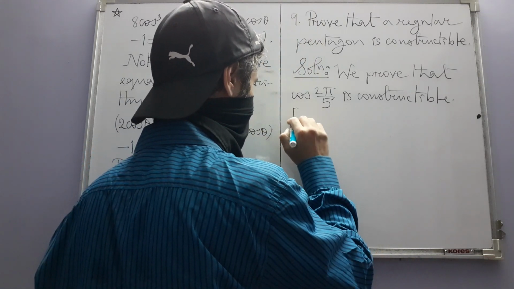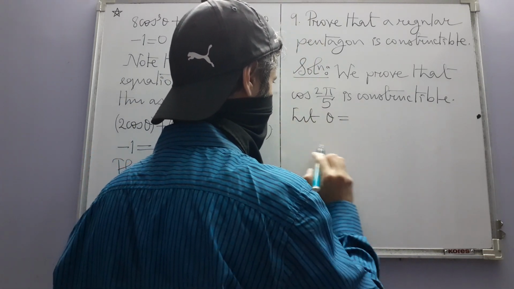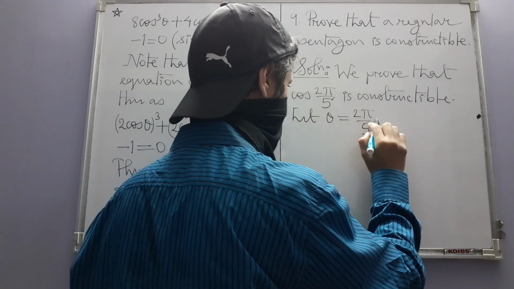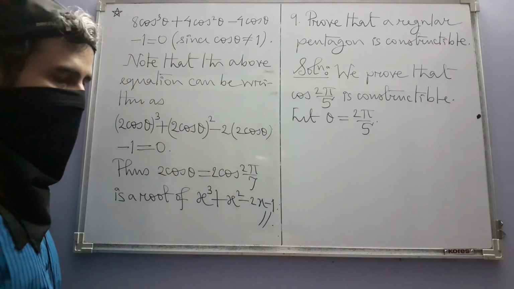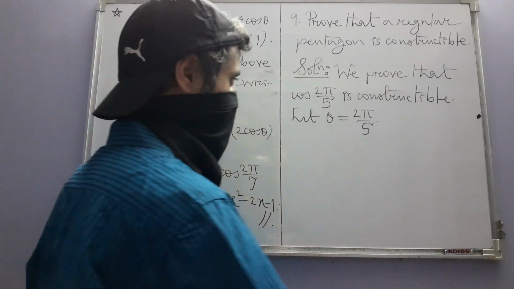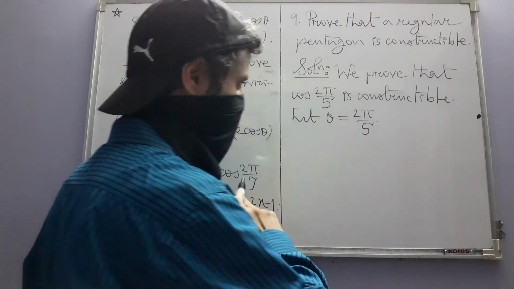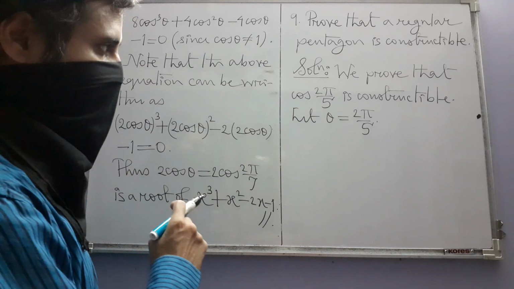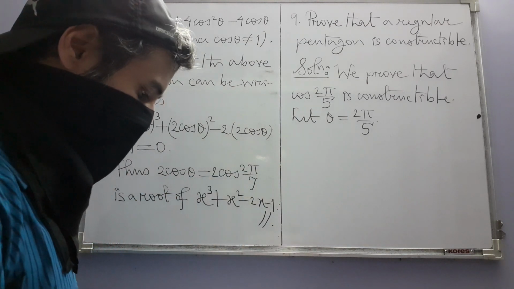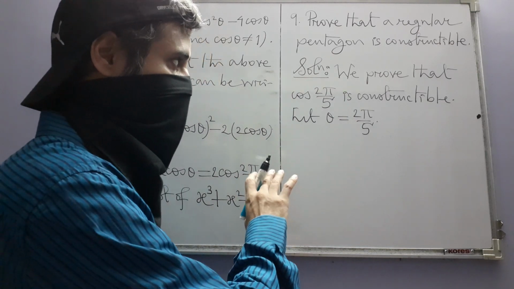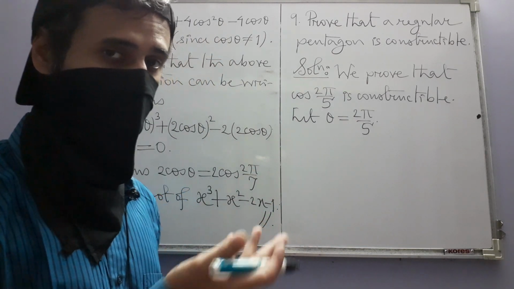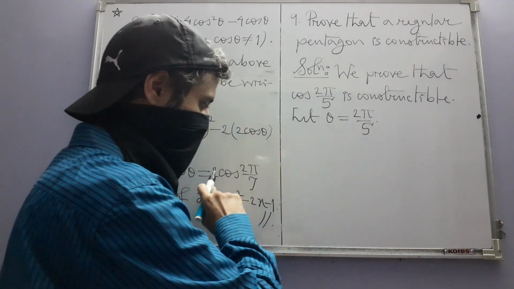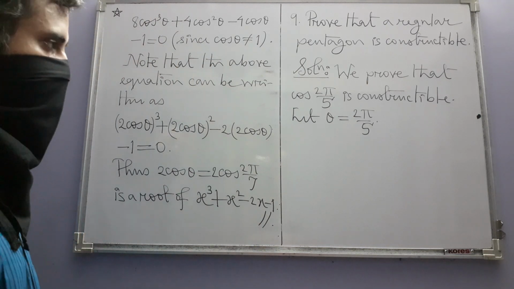So like before, let theta be 2 pi over 5, and now we are going to go through steps similar to what we have seen just now. Or if you want, you can use that complex number identity expression for cos 2 pi over 5, and that way also you can approach. However, you do not have the polynomial here, no? So that's why you will realize why this approach is somewhat better.